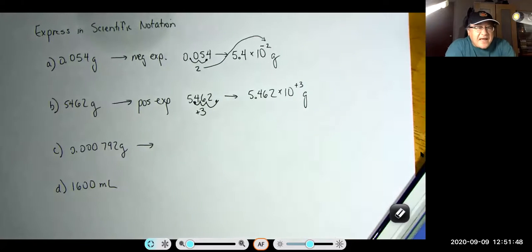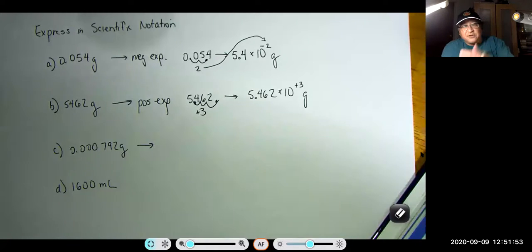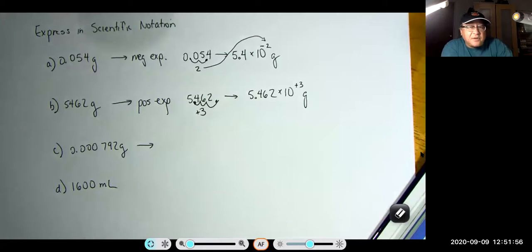If you think this is going to be a positive exponent, pick go faster, because that kind of means bigger, right? If you think it's going to be a negative exponent, pick go slower. Negative is go slower. Positive is go faster. So remember, bigger than 1, positive, smaller than 1, negative.